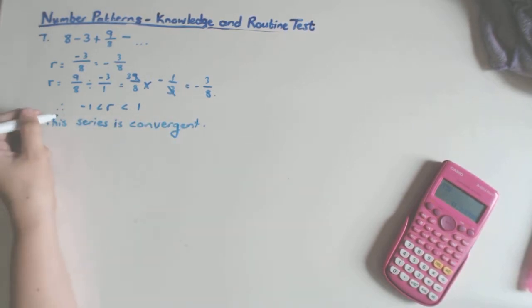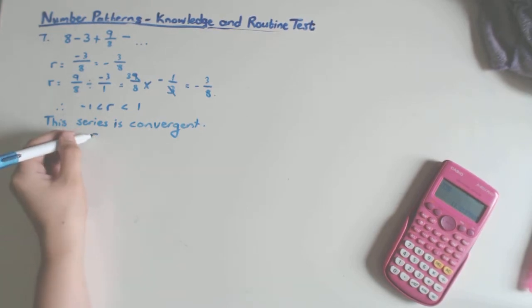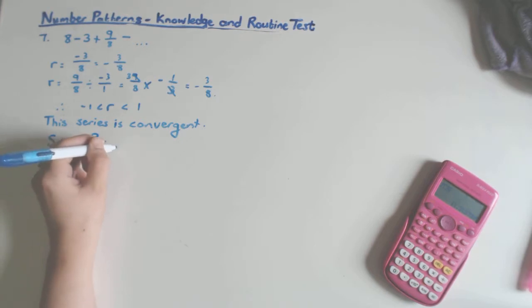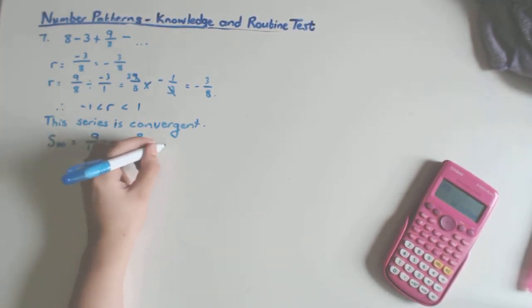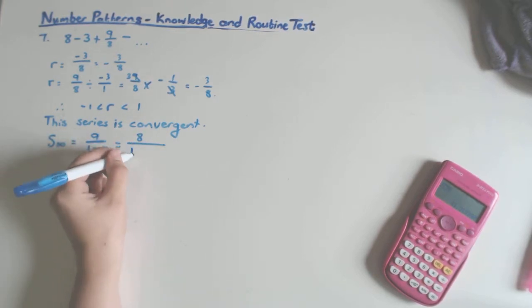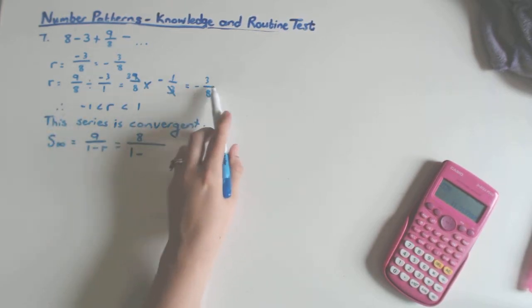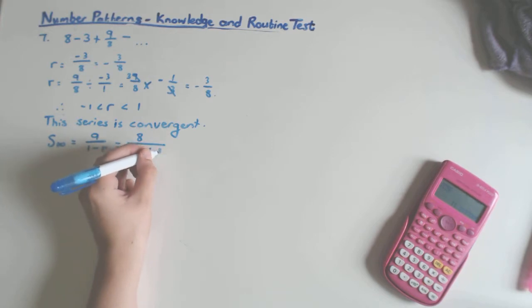Okay, and then I must show that this will never exceed 6. So I'm just going to work out the sum to infinity. My a value, the first term, is 8 over 1 minus r. My r value I worked out is minus 3 over 8.